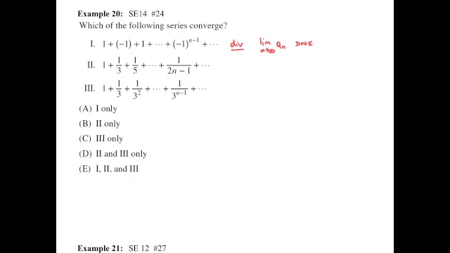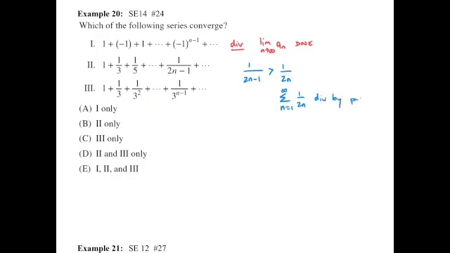For the second one, what I would look at is the comparison test, because you have 1 over 2n minus 1, and you could compare it to 1 over 2n. The one on the left is larger because you're dividing by less there, and the series from 1 to infinity of 1 over 2n is divergent by the p-series.